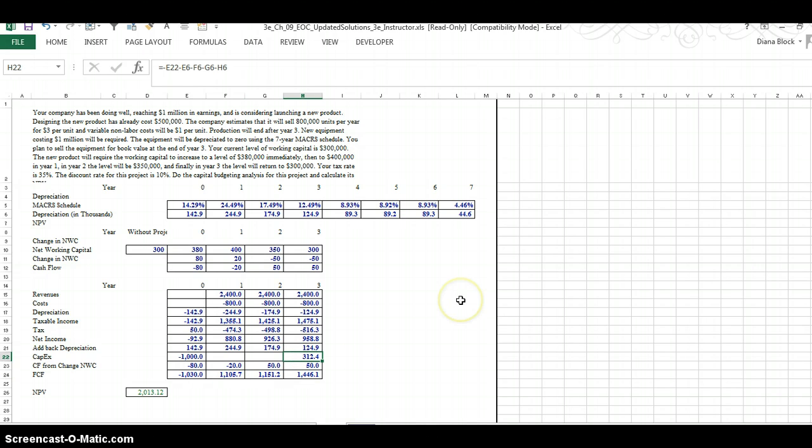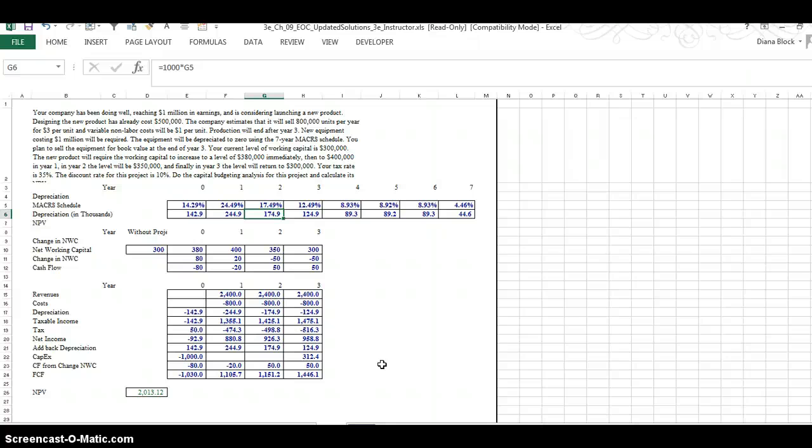In the final year, depending on your problem, there may be some cash flow that's going to come from selling the equipment. If the problem says that you're going to sell the equipment in the last year, then you take the original capital expenditure price, subtract the depreciation that's been deducted so far, and what's remaining is going to be a cash flow in the final year under the capital expenditures, because you're going to sell the equipment for that much.